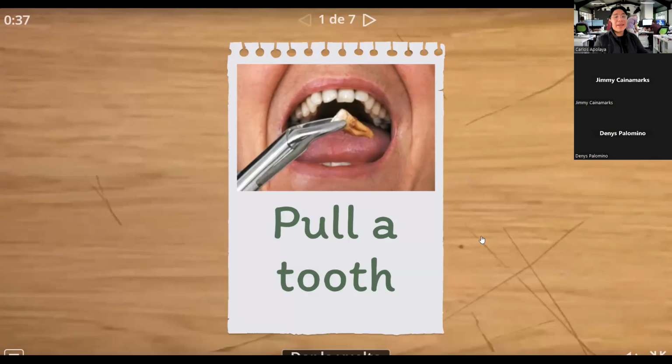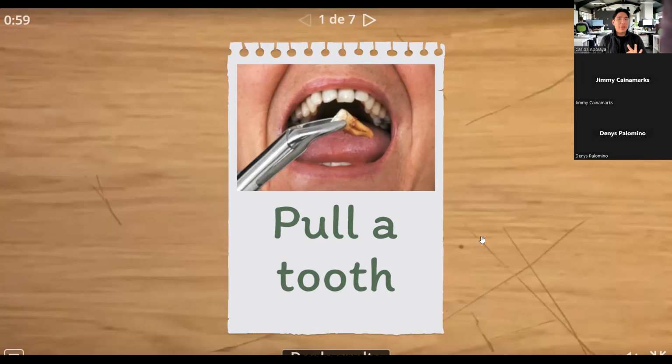You can use take out. This is another synonym. But remember this one first. Pull a tooth. The doctor or the dentist says take out a tooth, of course. And they can also use another one, which is extract.